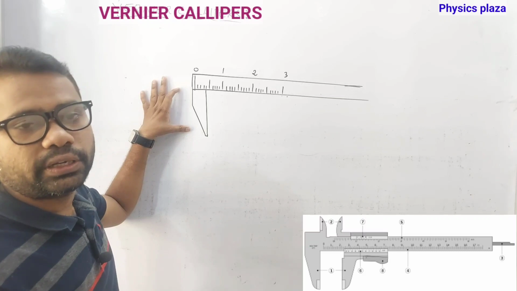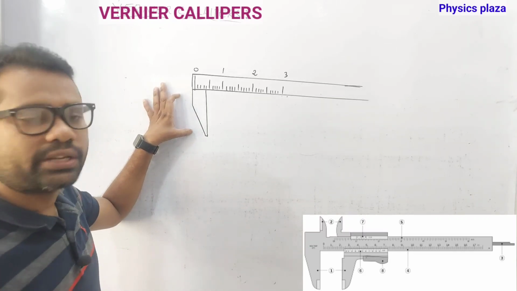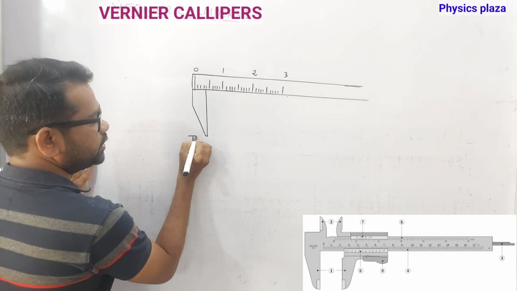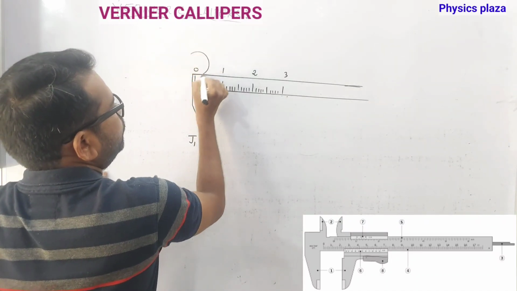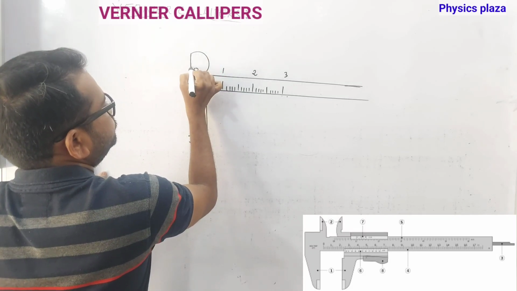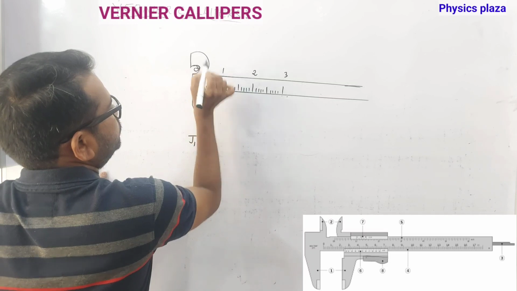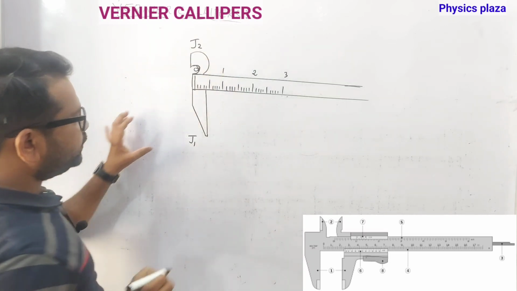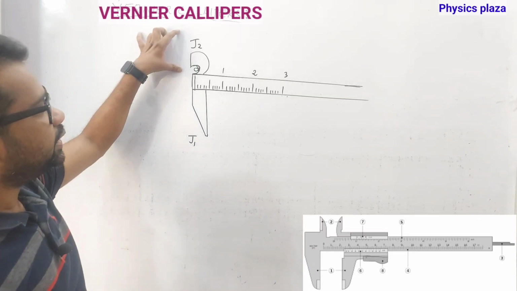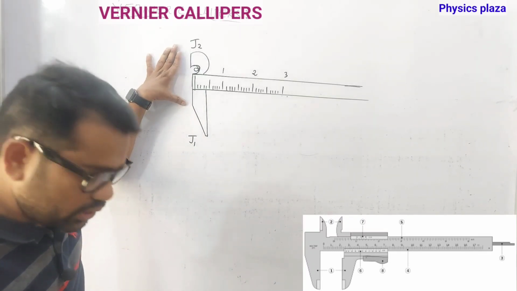It won't move, it can't be slid, it can't be changed. This position is fixed. Let us name it J1. Similarly, on this side one more jaw will be there. Let us say it is J2. This is the upper jaw, and this is the lower jaw. But the thing is that these two are fixed. J1 and J2 are fixed. Okay children, fine.